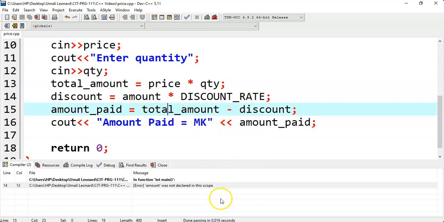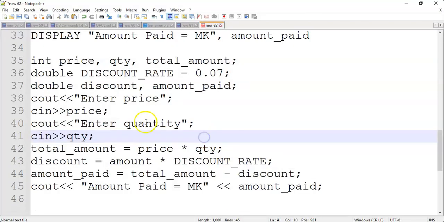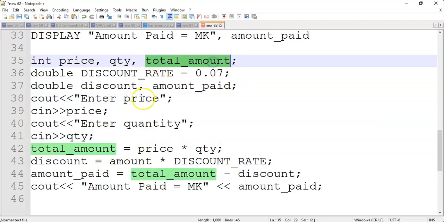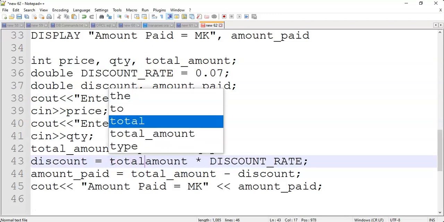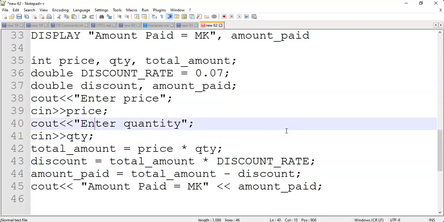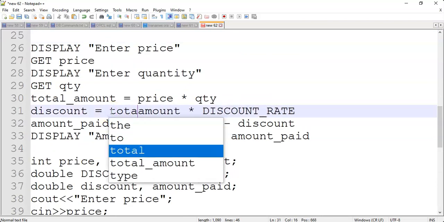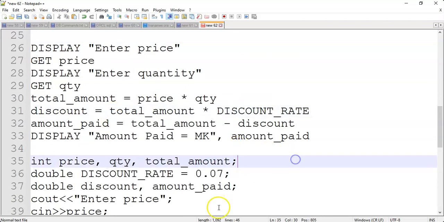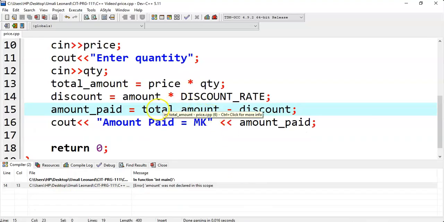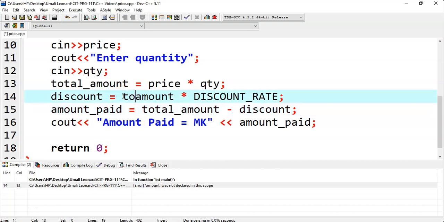There's amount somewhere. We are using amount. Okay. Let's go back and modify some important things. We have total amount, not amount. So somewhere we are okay. Here we are using amount. This is supposed to be total amount. The same I think applies to our pseudocode. We might have forgotten total amount somewhere. Okay. So this is total amount.